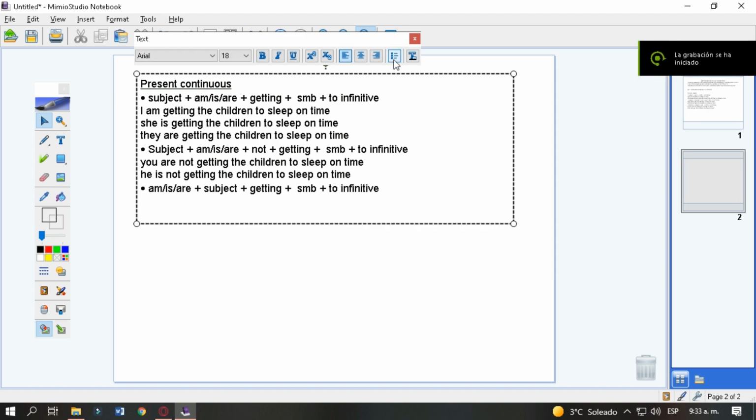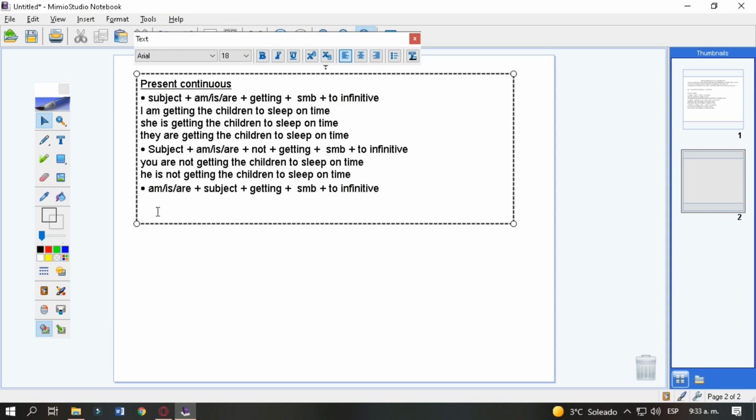Okay, for questions, we are going to need the auxiliary verb is or are, the subject, getting, the somebody and the verb in the infinitive.